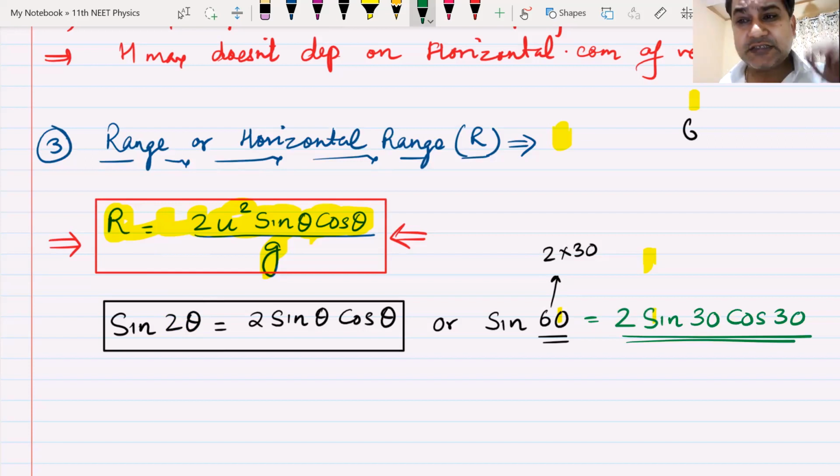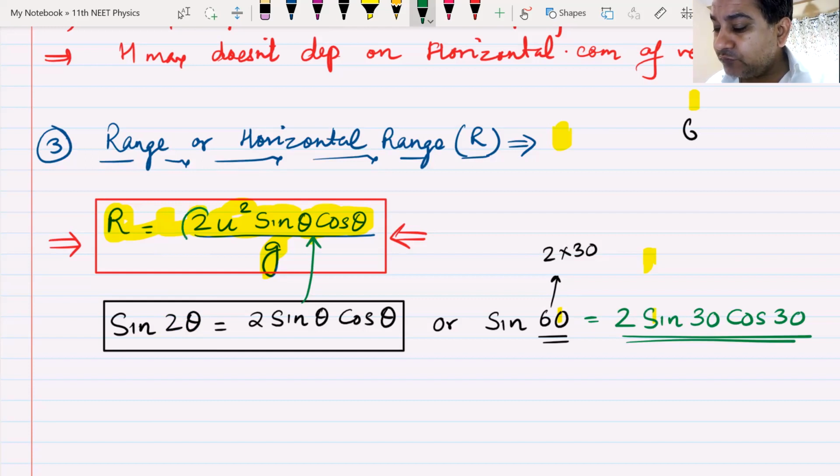Sine of 2 theta is 2 times sine theta into cos theta. So sine of 60 can be written as 2 times sine of 30 into cos of 30. If you put the values, you will get the same answer. So I can substitute this formula here.